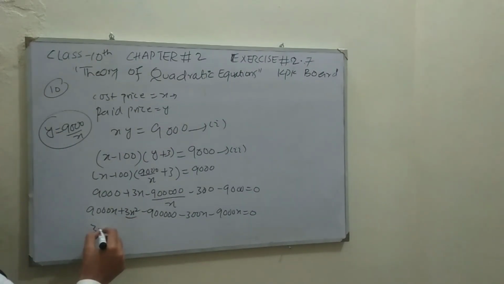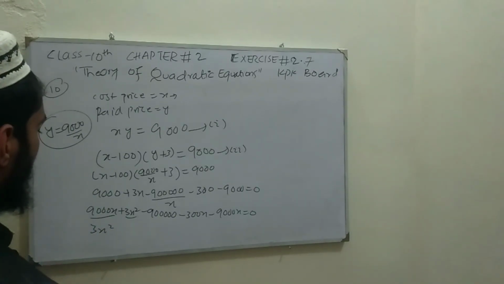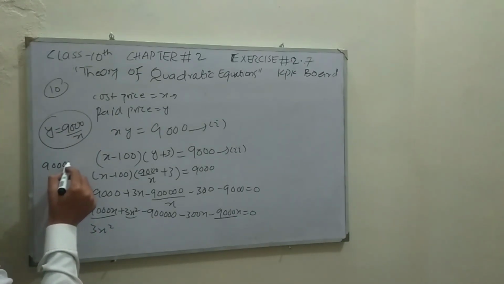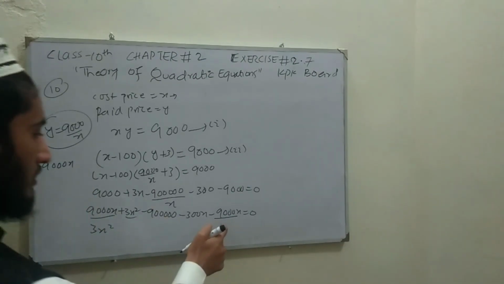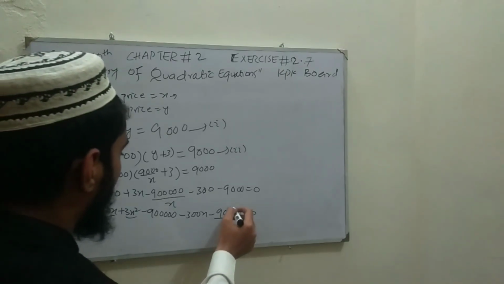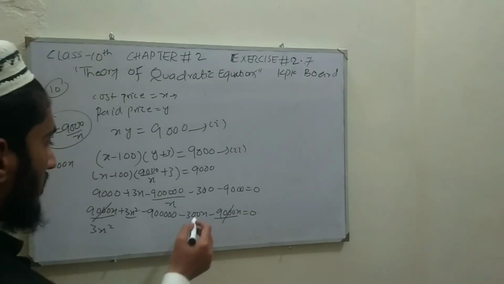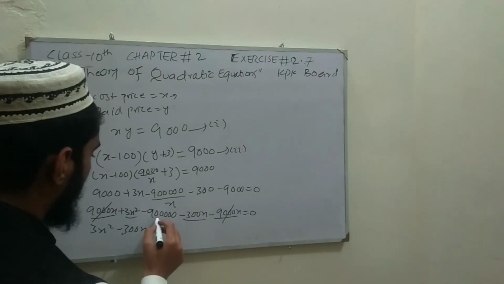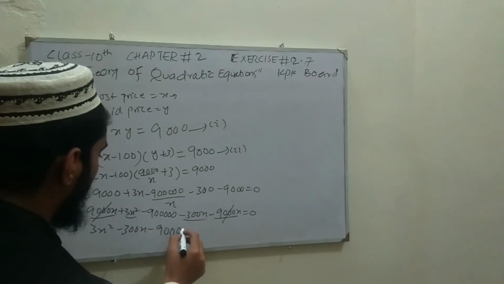Taking 3x square first, then 9,000x with minus 9,000x will cancel out automatically. So minus 300x and minus 900,000 is equal to 0.